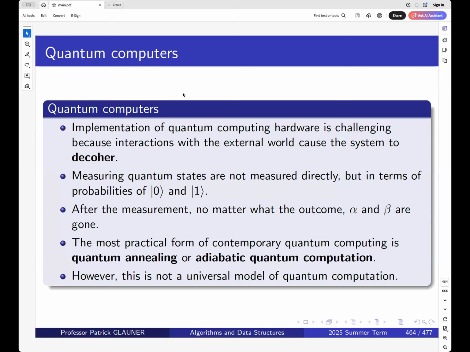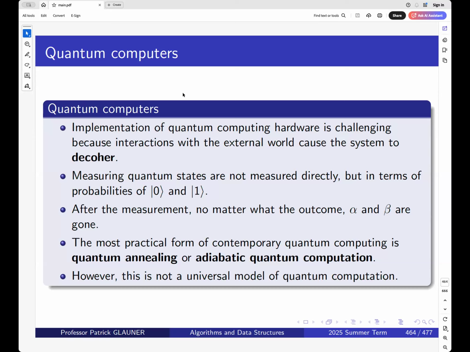And decoherence means that we add more noise. We've already seen that there's noise or uncertainty from the measurement, because that's non-deterministic, and the decoherence as well. And the longer we run our quantum operations or our quantum algorithms, so the more gates we have, the longer it takes, so we get more decoherence because the quantum system interacts with the outside world. So you see, we have another factor of uncertainty in addition to the measurement. We are unable to fully isolate our quantum system from the outside world.